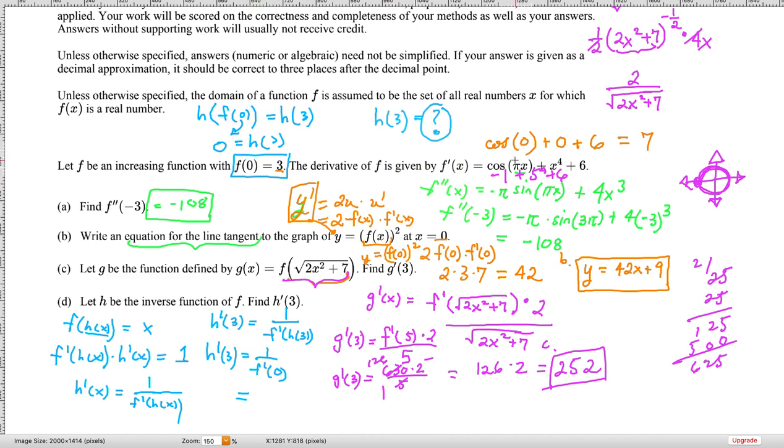If I plug in 0 for x, 0 times that is just going to be 0, and cosine of 0 is 1, plus 0 to the 4th plus 6 is 7. So you get 1 over 7, and that is the answer. Again, take your time with the arithmetic, unlike the ones where I did not take my time.